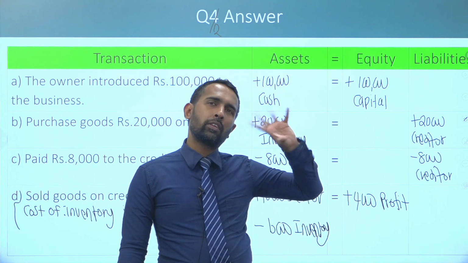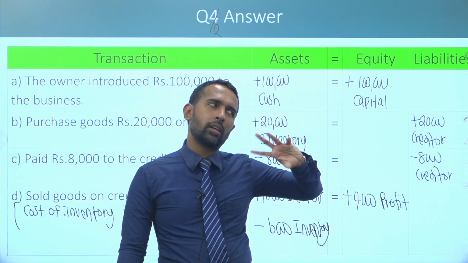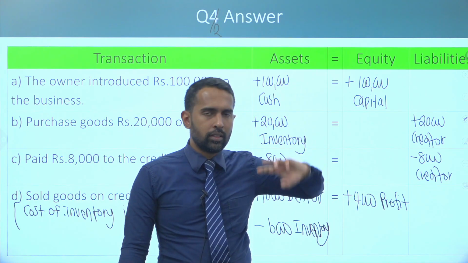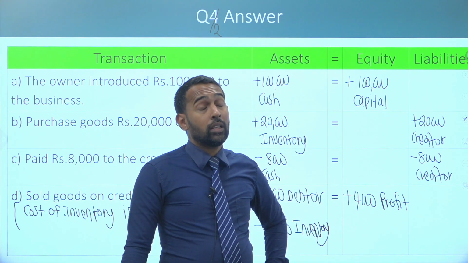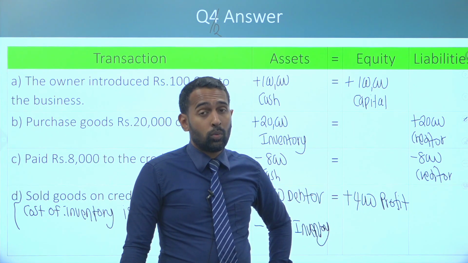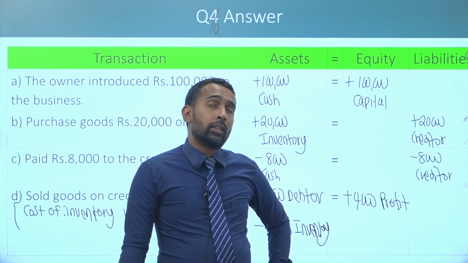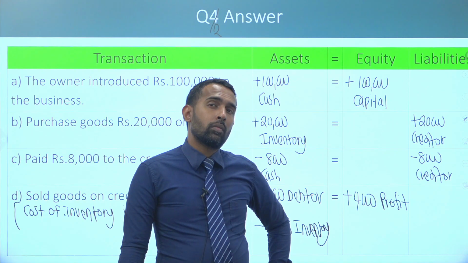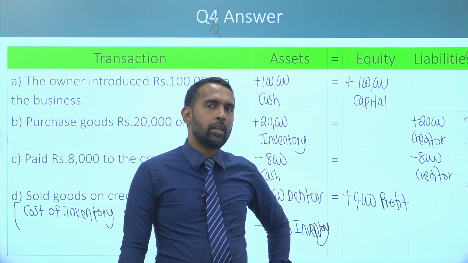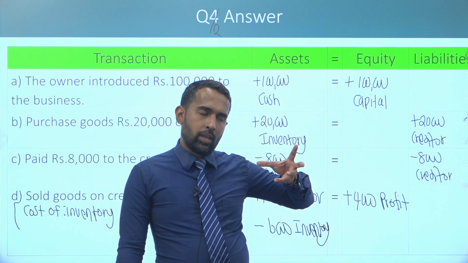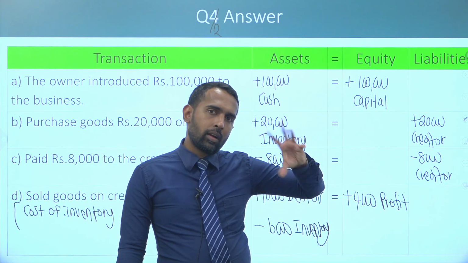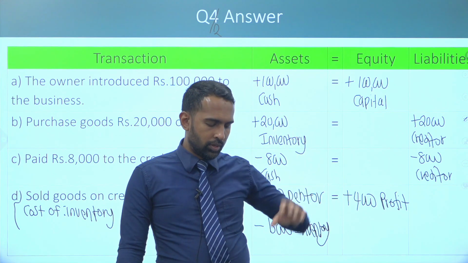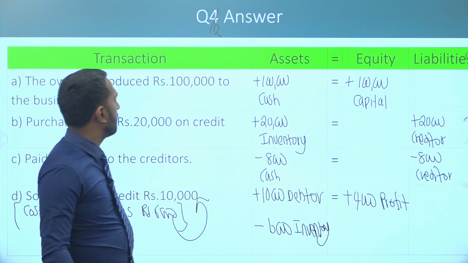Is it an asset, a liability or equity? Then you have to think about what the impact is, whether it is a plus impact or a minus impact. That you have to think and put.